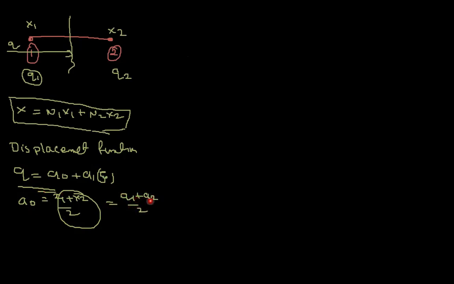Let us try to see how we are going to get this. Let us try to express the displacement function at node number 1. At node number 1, q1 can be written as equal to a0 minus a1. At node number 1, zeta is equal to minus 1.